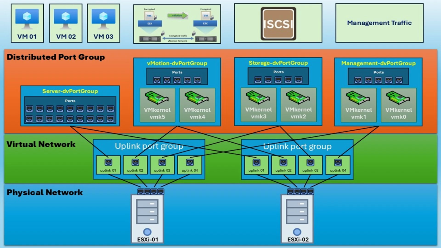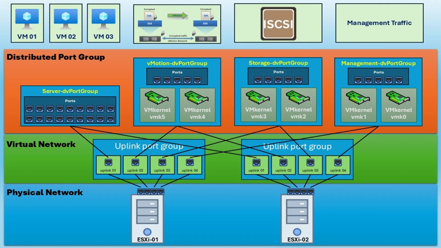Before we move further, it's important to understand the core components of a distributed switch. We have the management virtual adapter, which handles host-level management traffic. The server dvPort group, which is used for virtual machine networking. The vMotion dvPort group, responsible for live migration operations, and the storage virtual adapter that carries iSCSI or NFS storage traffic.